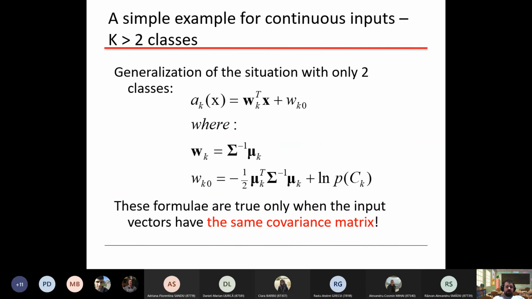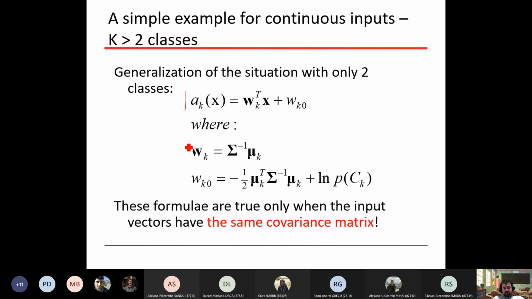Now, if we want to increase the number of classes, so to make a generalization for the situation with multiple classes, we will go from the definition of ak, that is Wk transposed multiplied by X plus Wk0.